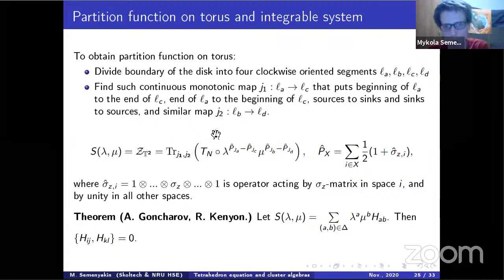So now we speak about all paths on the torus. If we know the transfer matrix of paths on a strip or on a cylinder, we can glue the sides of a cylinder, or pairs of sides of a disk. This gluing is a function which maps one side to another, and puts drains to sources and sources to drains. The only thing apart from taking traces is the insertion of the spectral parameter.